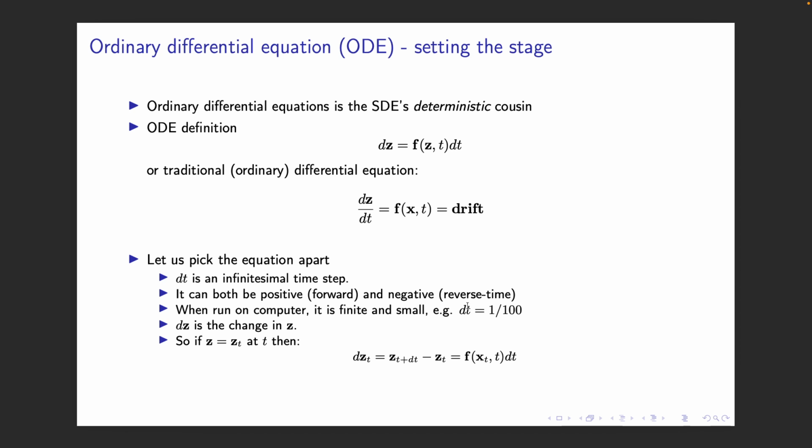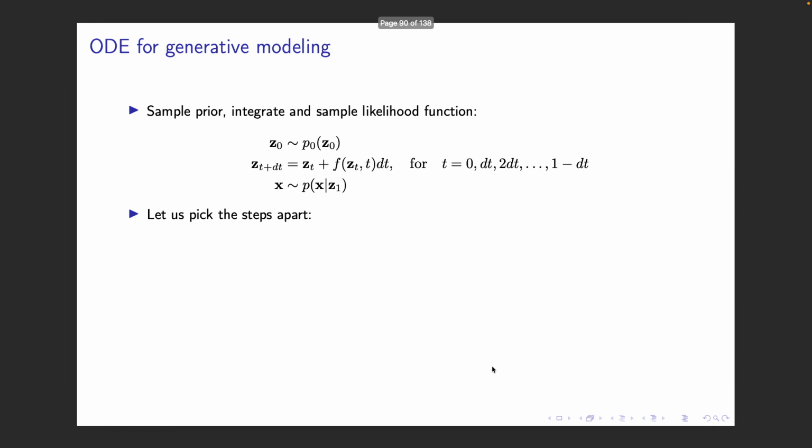That's what I use in the assignments, I think. And dc is a change in c, so that is just a shorthand for writing c of t plus delta t minus c of t. This is a more computer-friendly way to write the equation.